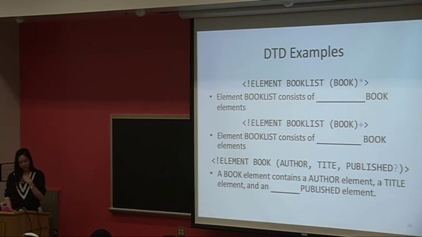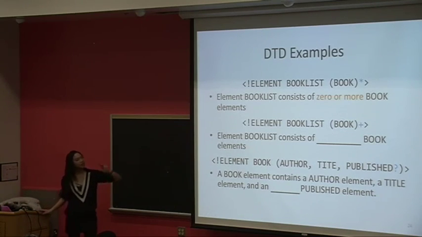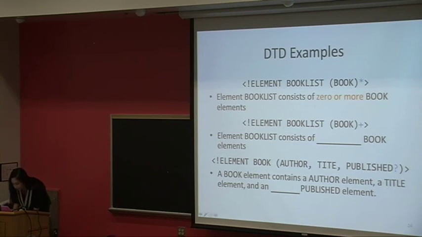So what does this mean? Element booklist consists of what elements? 0 or more. When we have a star, it stands for 0 or more, following right after the book element. So the book element can be 0 or more.